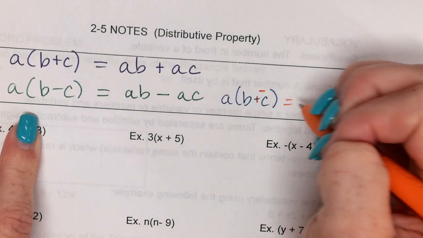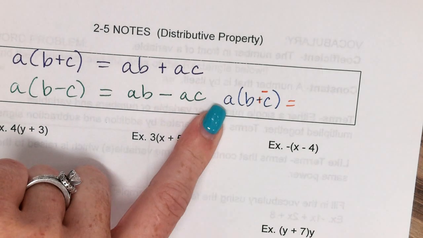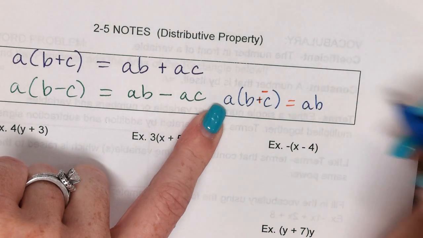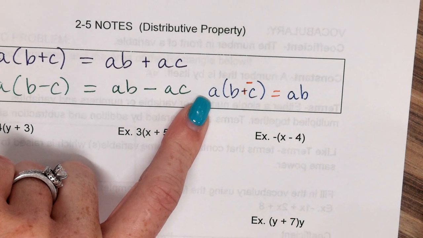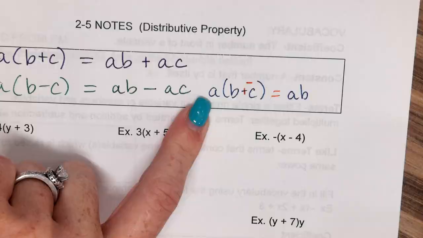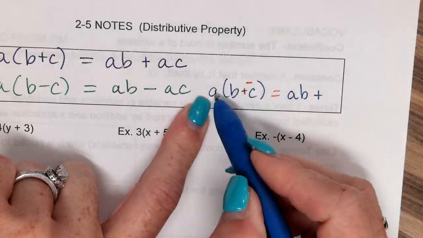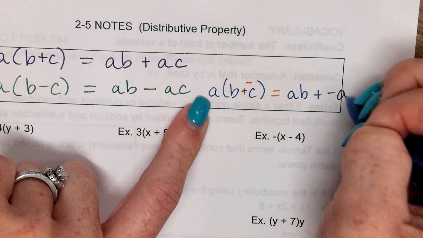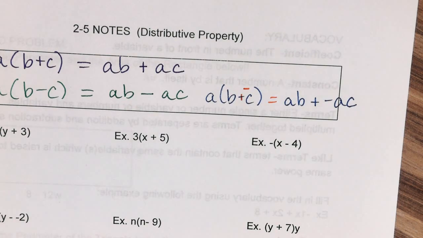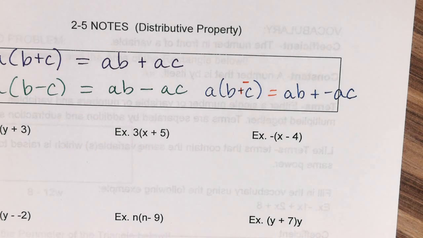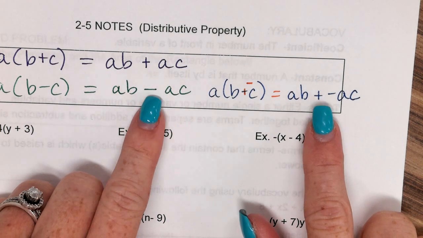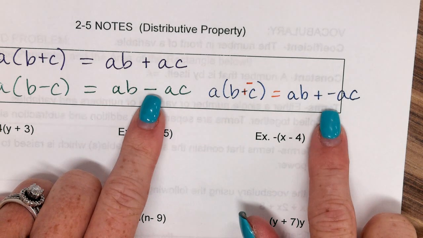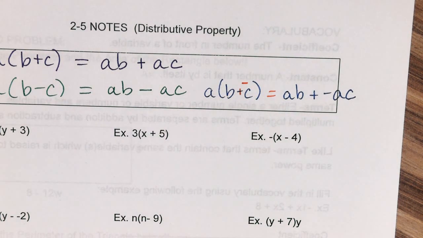And that is the same thing as A times B plus, what is A times negative C? Negative AC. You would just put the negative in front, basically. Okay? These two things are the same. Do y'all agree? A minus is the same thing as a plus negative.